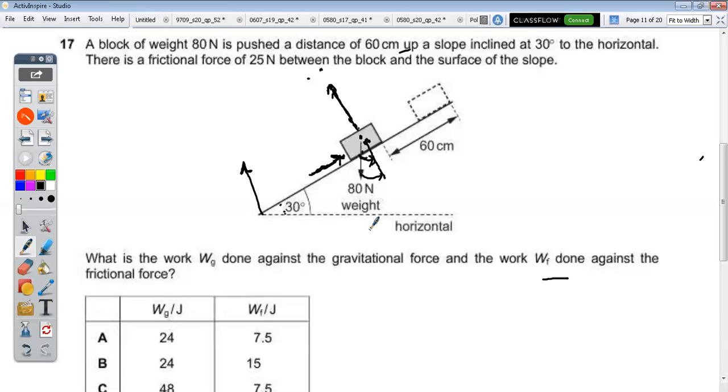And what is the distance moved against gravity? 0.6. Where did you get the 0.6 from? 0.6 is in a straight line.